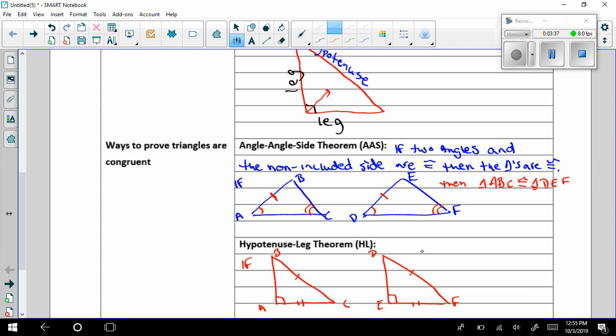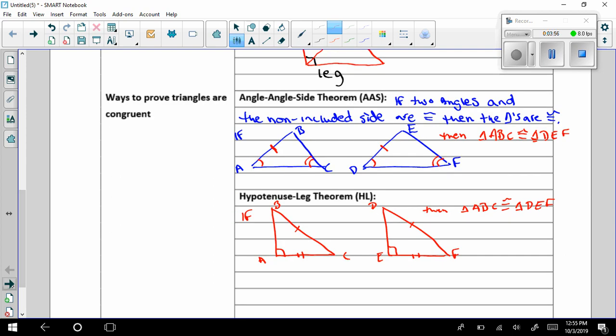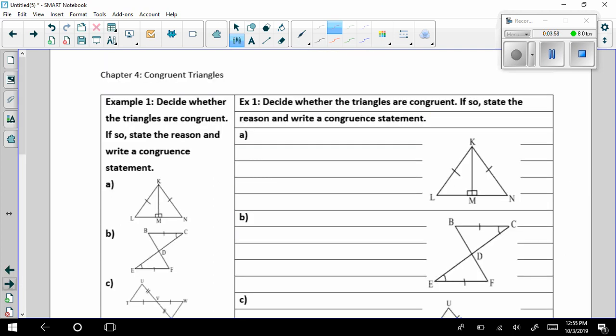Not mattering what order, then again you can make that statement. All right, and so that's pretty much it for your last two theorems. Again, order matters.